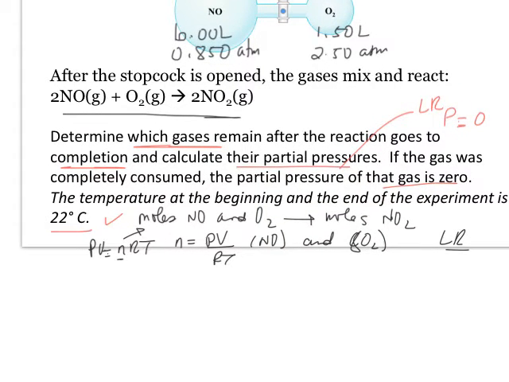So the first one we're going to do is NO, and we're going to use n equals PV over RT.